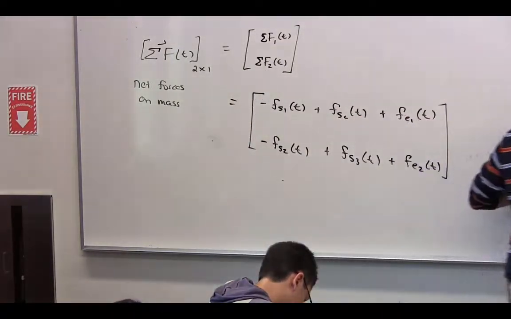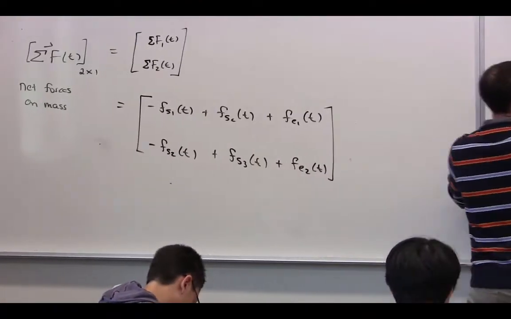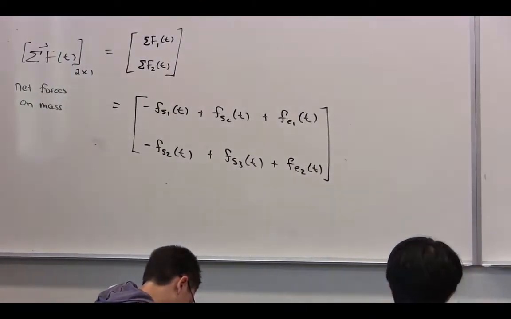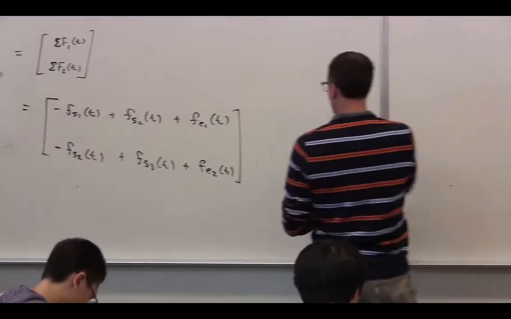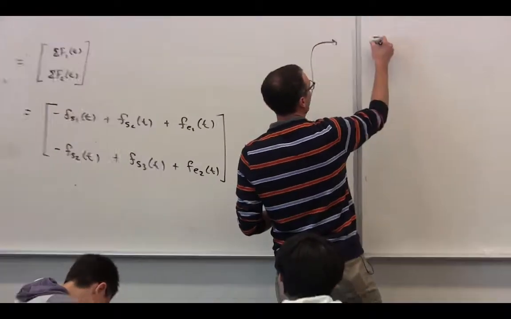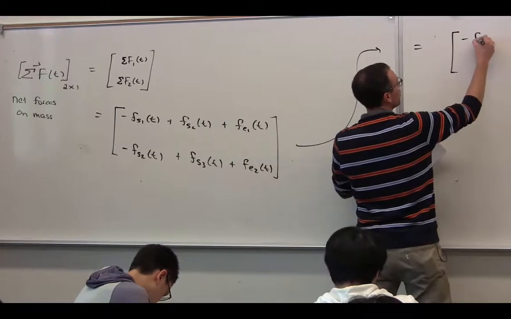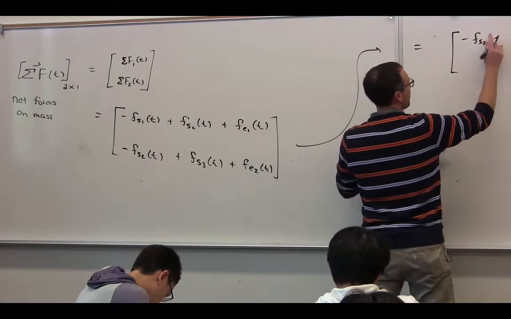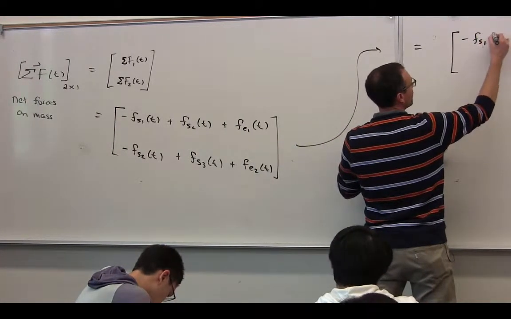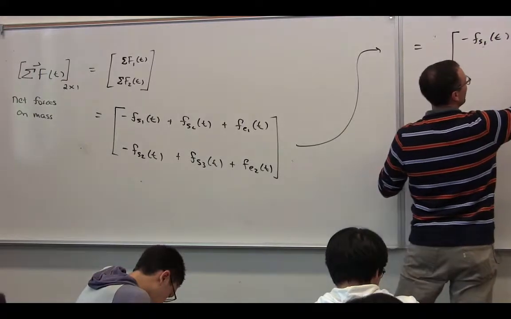Let's do some analysis. This whole vector we can actually break into 2 different pieces. We can break it into the piece that comes just from looking at the topology or the connectivity of my springs.